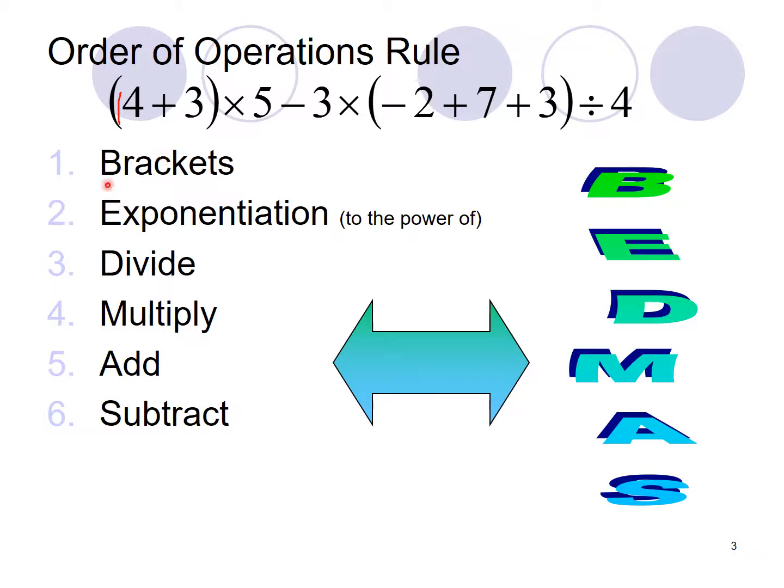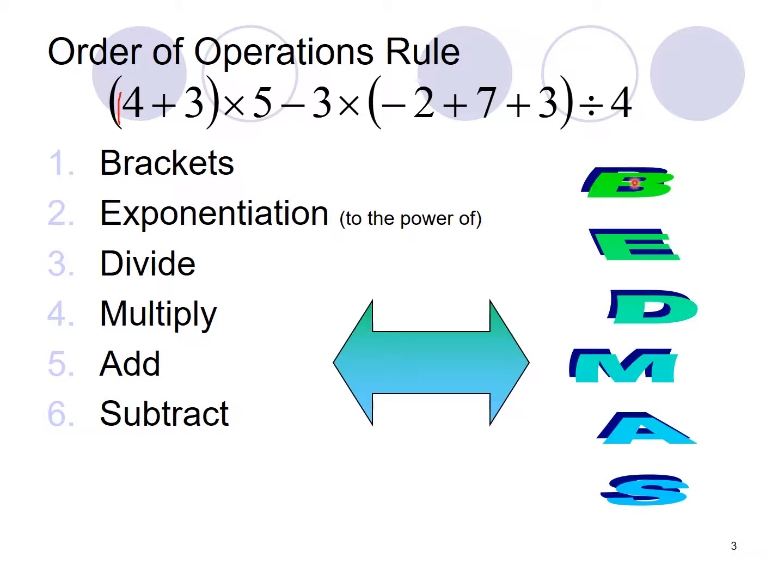Then, if you have anything with a power, for example to the power of 2 or to the power of 3, if it's squared or cubed or square rooted, all of those need to be done next. The next thing that needs to be done is division. Then we need to multiply, then we need to add, and then we need to subtract.